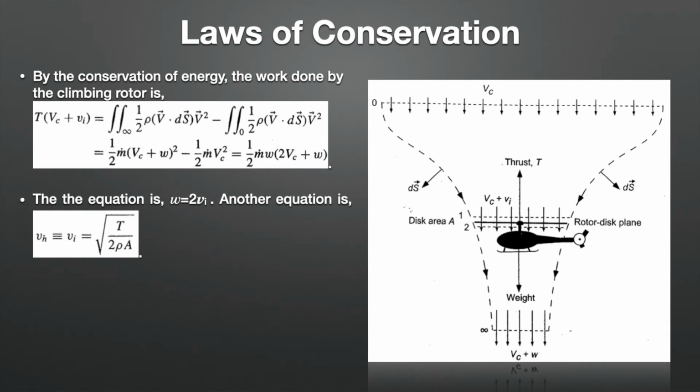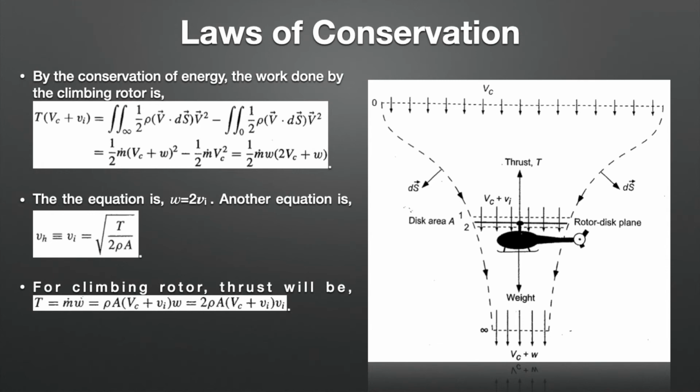The relationship between the rotor thrust and the induced velocity at the rotor disc during hovering is Vi equal to Vh, that's equal to square root of T by 2 rho A. But in climbing rotor, the equation will be T is equal to m dot into omega, that's equal to rho A into Vc plus Vi into omega, that's equal to 2 rho A into Vc plus Vi into Vi.